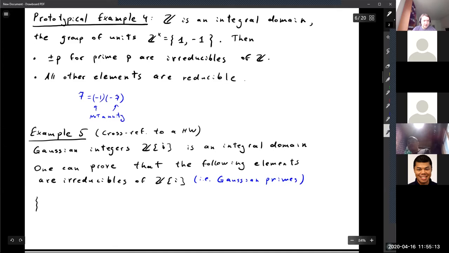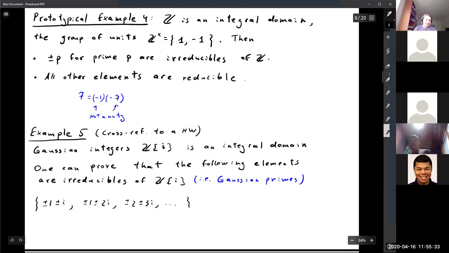That is, plus or minus 1, plus or minus i, plus or minus 1 plus or minus 2i, plus or minus 2 plus or minus 3i, etc.